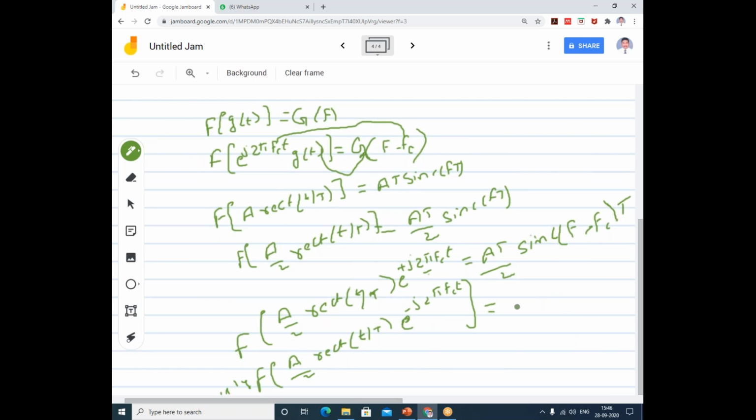So I can write this as AT by 2 sinc of, now it becomes f plus fc into T.